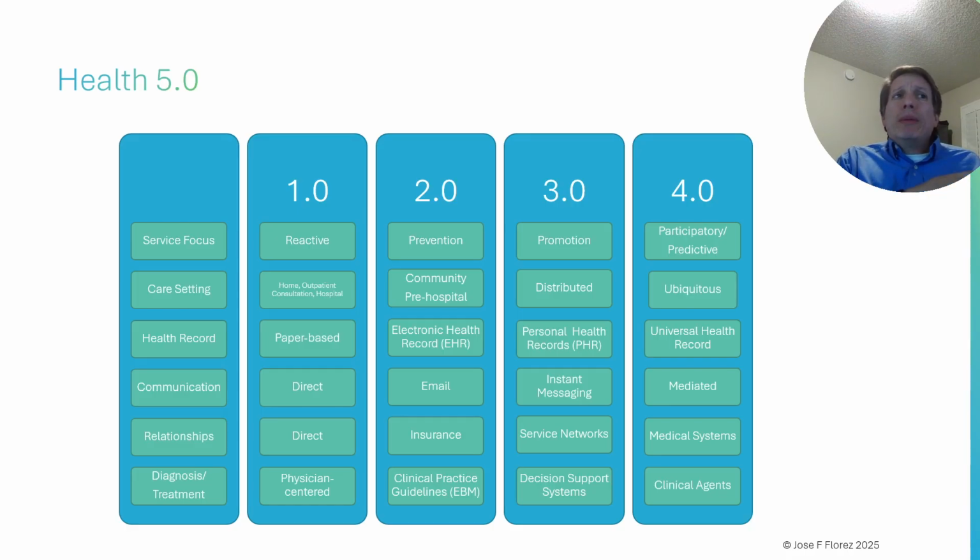And diagnosis and treatment have also evolved, because at the beginning the knowledge was centered in the provider. But then we have the clinical practice guidelines. It allows a little bit of socialization and a delegation of care to other participants in healthcare.